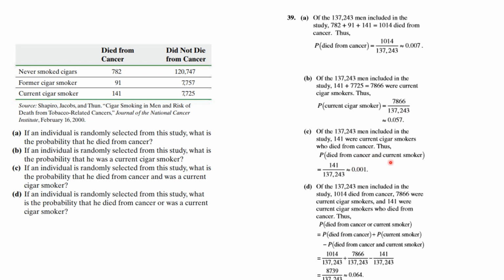Probability you died from cancer and are a current smoker is down here. So you get that over the grand total. And here we add the two together and subtract the intersection, and we get this number.